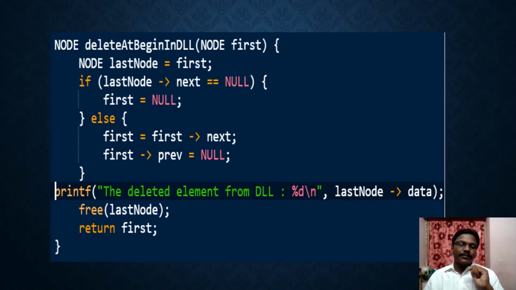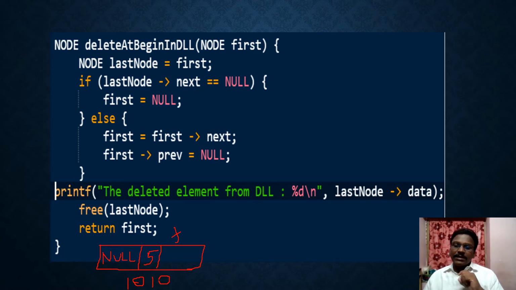Let us take this code. I'm choosing three nodes in a double linked list. For example, this is the first node, I'm representing it as F. For example, I'm choosing 1010 for the address. The first node's previous is representing null, and in the same way, the last node's next also.